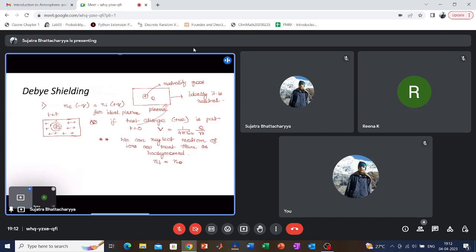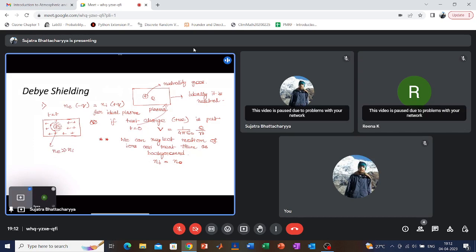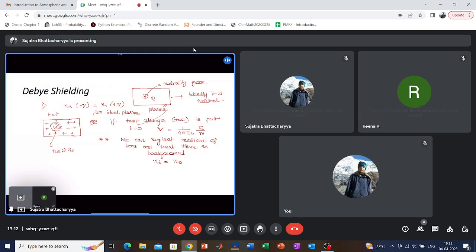Near the positive test charge, what is happening? Ne is much greater than n naught, but as you go far away, Ne decreases. This is a very clear picture now that we have introduced the test charge. Already I have mentioned that charge density is defined as charge per unit volume.